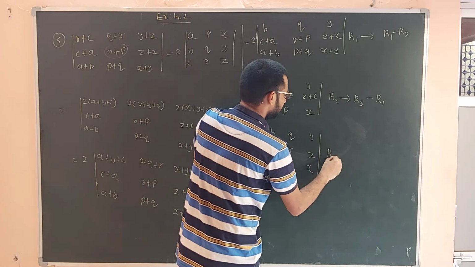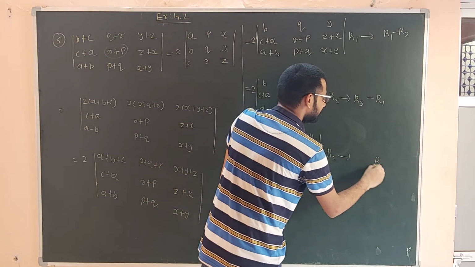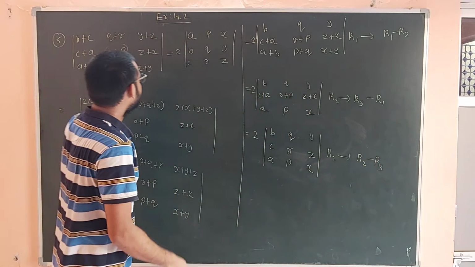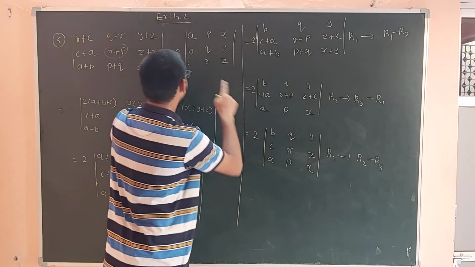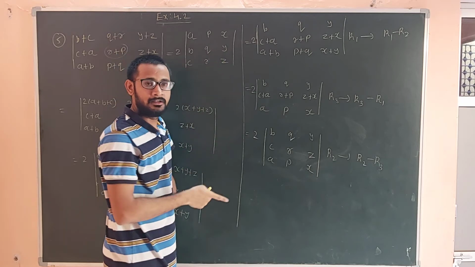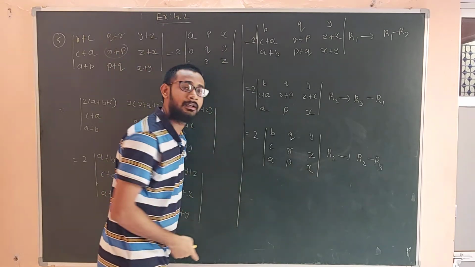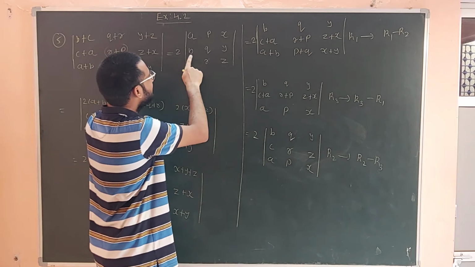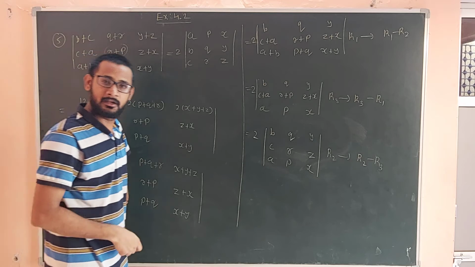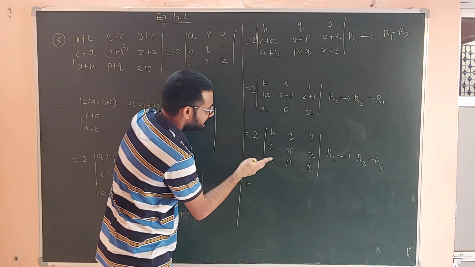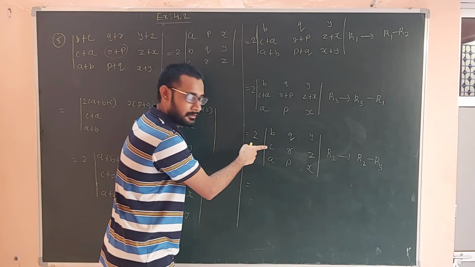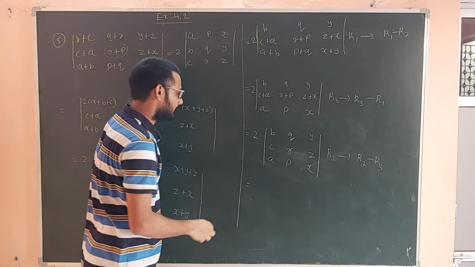So we can write, we multiply R3 with negative 1 and add into the R2, okay. So here also we get C, R, Z, but here we need A, P, X in the first row, but here it is in the last row. Again we need B, Q, Y in the second row, but here in the first row. So we exchange the rows, means we exchange row 2 and row 3, means row 3 goes to row 2 and row 2 goes to row 3.